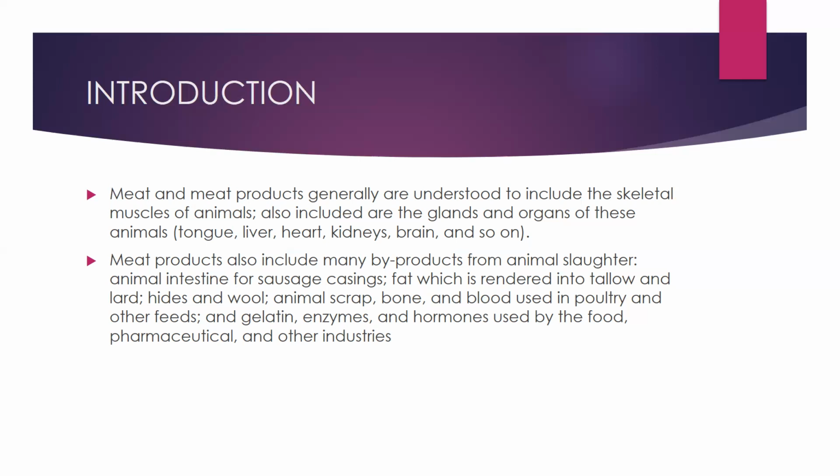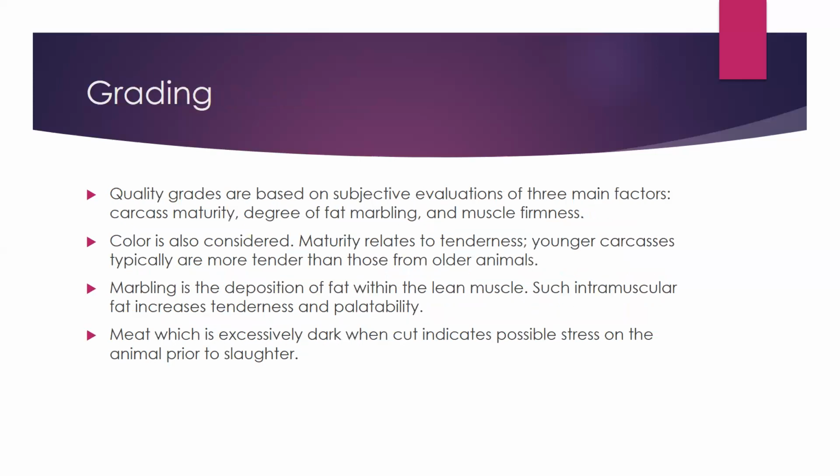Coming to grading, there's a clear need for grading because, like all natural products, meat is very heterogeneous and varies. Animal carcasses are of different sizes, breeds, and ages. Quality grades are based on subjective evaluation of three main factors: carcass maturity, degree of fat marbling, and muscle firmness. Color is also considered an important factor, and maturity relates to tenderness.